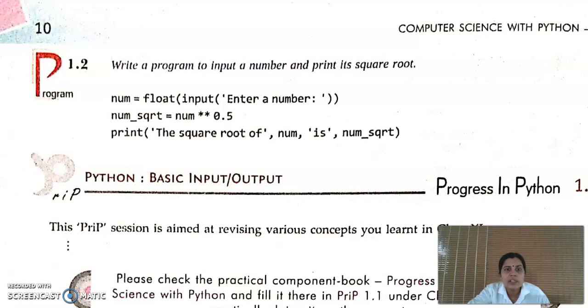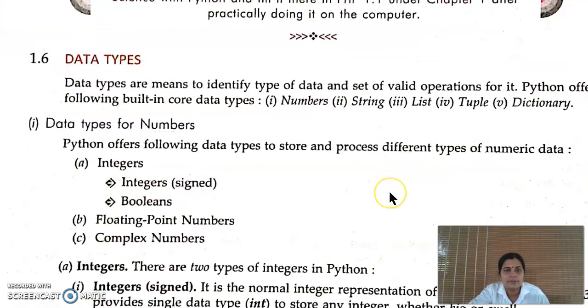To find the square root, we declared another variable, then num star star 0.5. This star star is known as the exponent operator, which has higher priority compared to other operators, and this is equivalent to num raised to 0.5. Then we printed the square root.